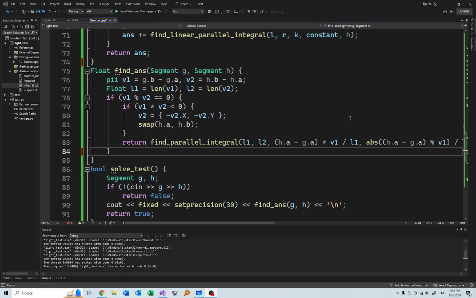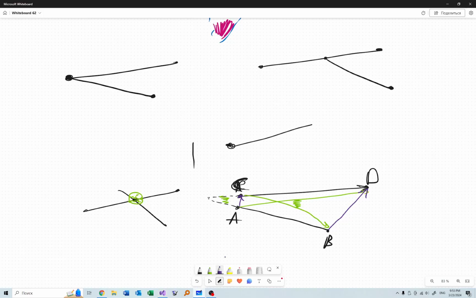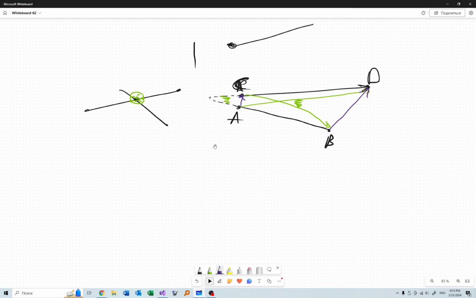So we need to divide our integral into 4 integrals. So that should be quite easy.